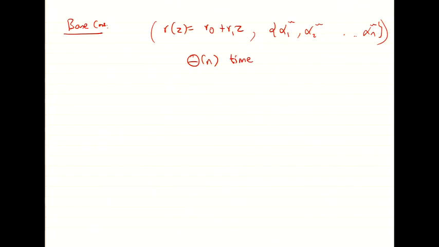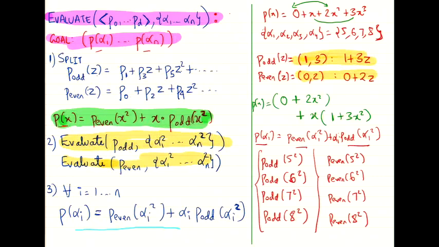All right. So we have a divide and conquer algorithm, which is a very natural one, and let's try to calculate its runtime. Unfortunately, it seems like there are two parameters at play here. One is the degree of the polynomial, d, and you have n points, alpha 1 through alpha n, where you want to evaluate it.